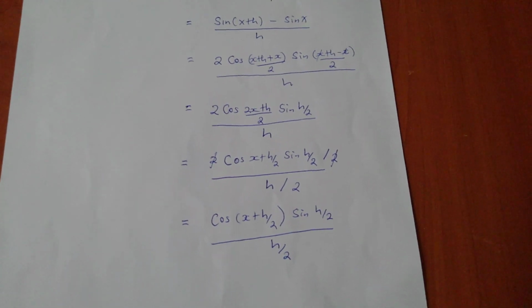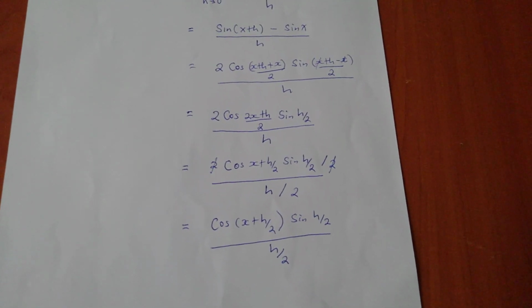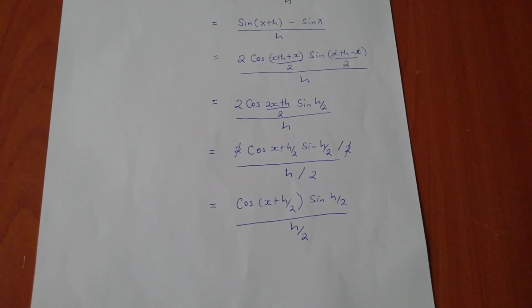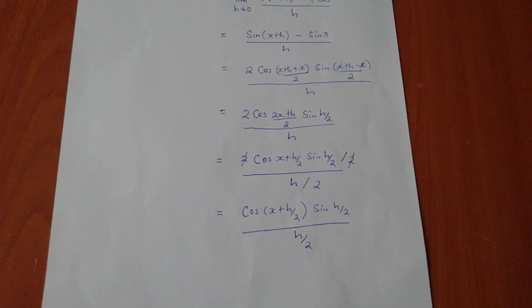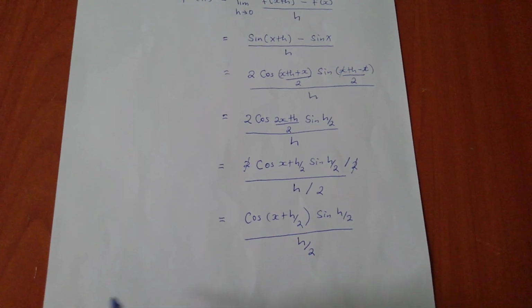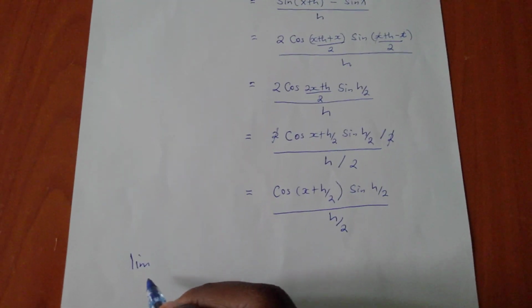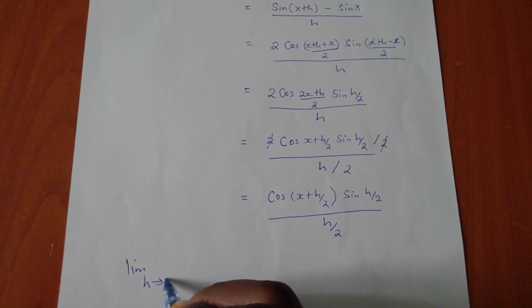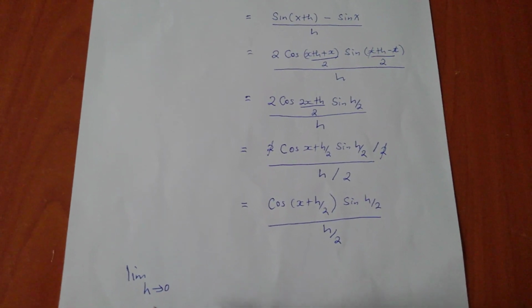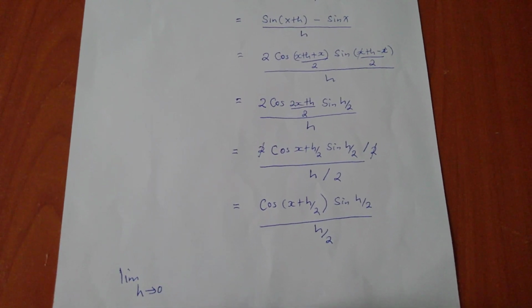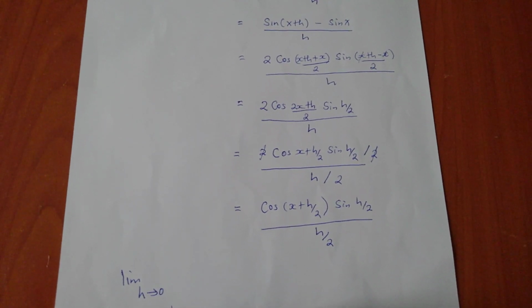I hope up to this point you are not lost, because I've reached a critical point where I have to get my answer. And in here, if I say the limit of h tending to 0, I will have cos (x plus h over 2).